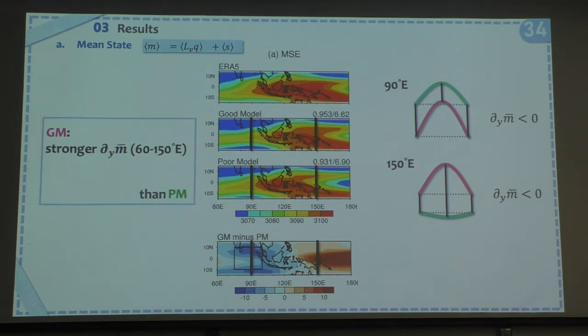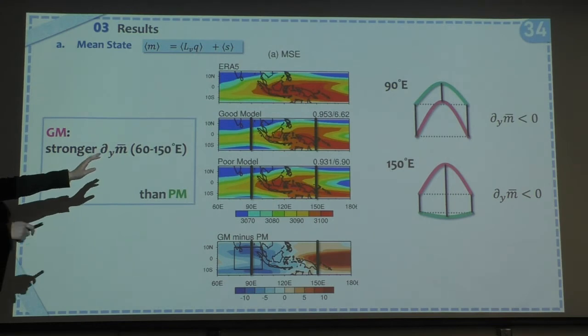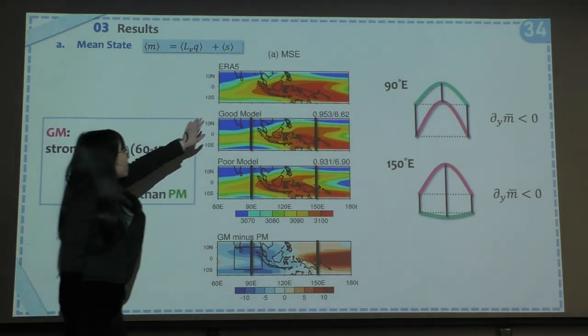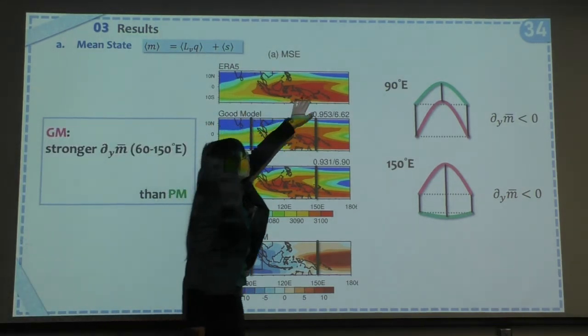Sorry to keep interrupting. It also looks like in ERA5, for the west, the 90 east. Yeah, actually in ERA5, the pattern is similar to the good model. At 90° east, there is more MSE in the tropics than here.